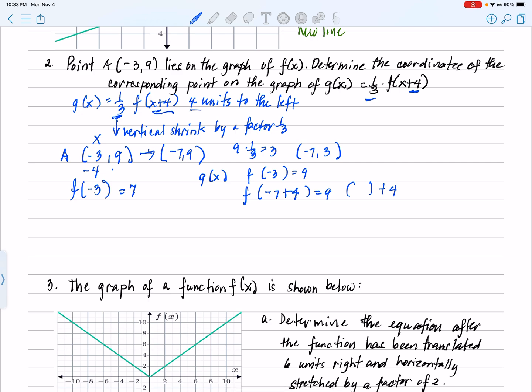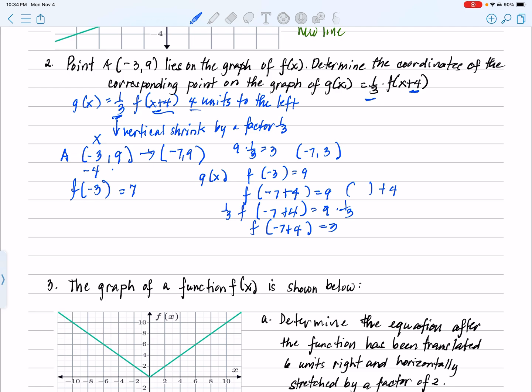So you have 1/3 of f of negative 7 plus 4 equals 9 times 1/3. We multiply 1/3 on both sides. So that would be 1/3 f of negative 7 plus 4 equals 3.